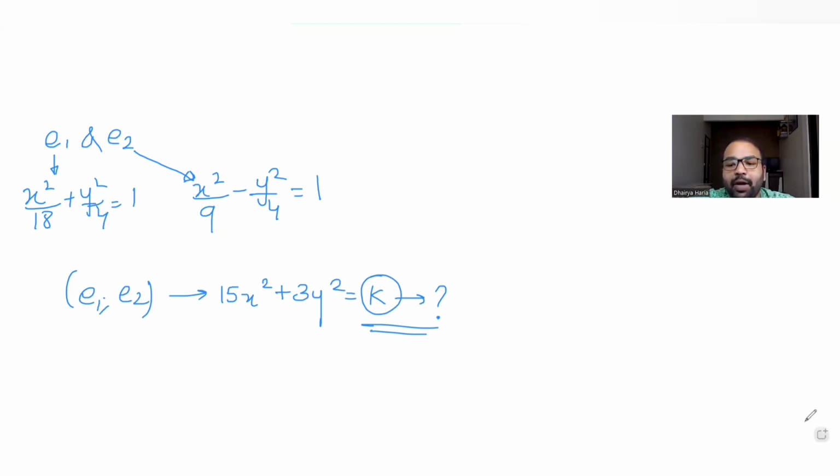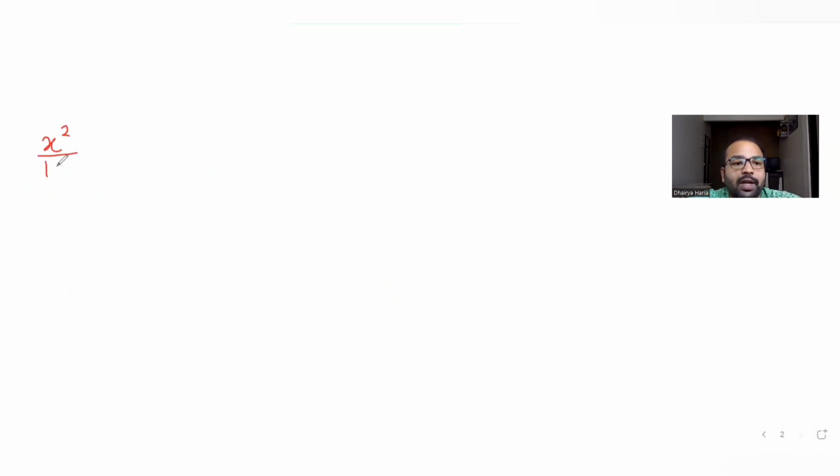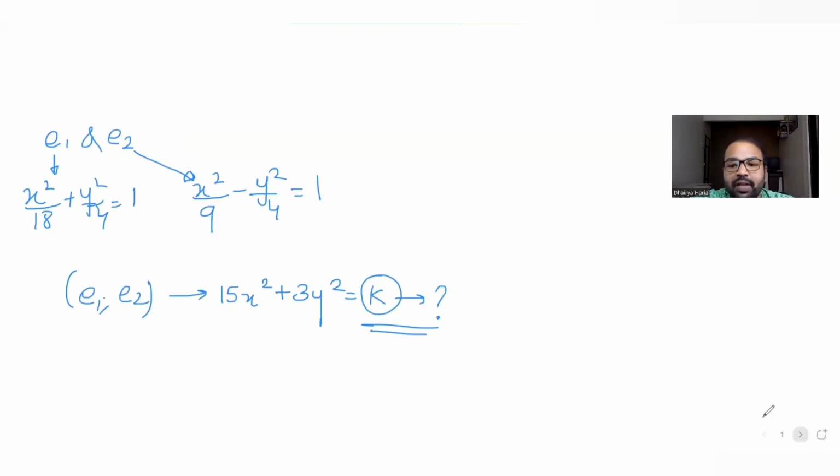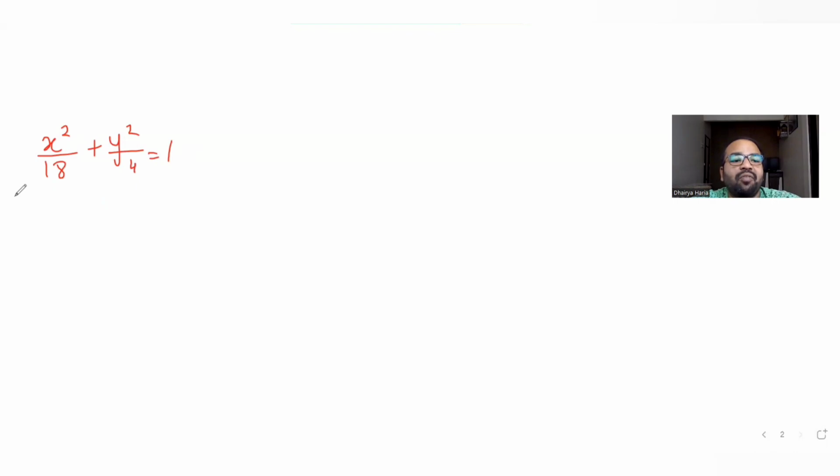Now if I compare the first ellipse, x square by 18 plus y square by 4 equals 1, with the standard form of the ellipse, x square by a square plus y square by b square equals 1, what I get here is a square is 18 and b square is 4.